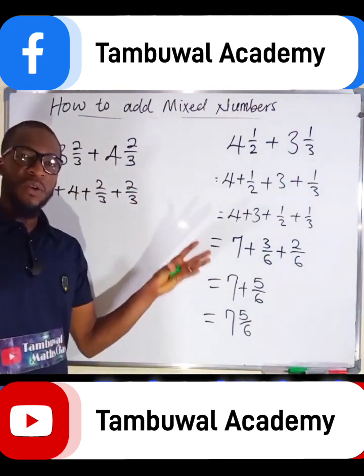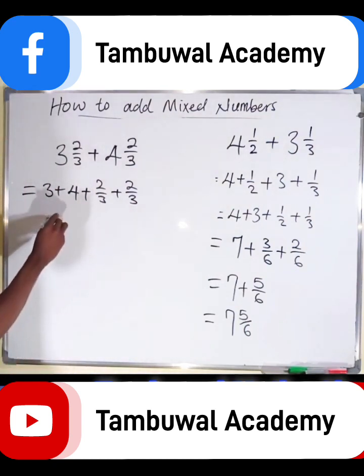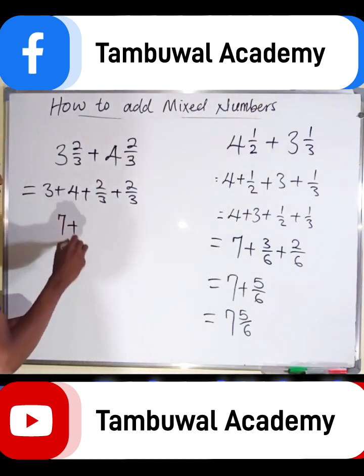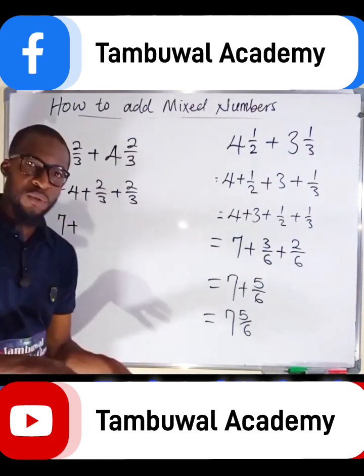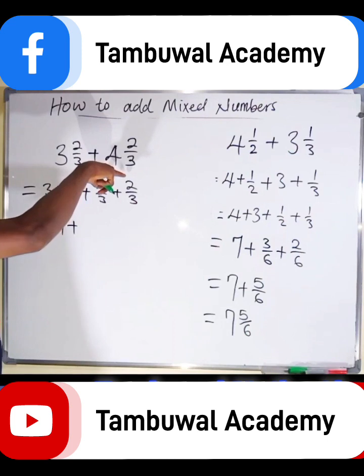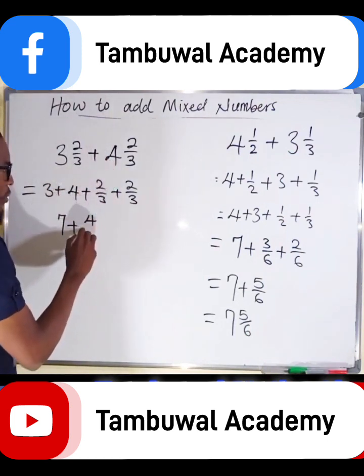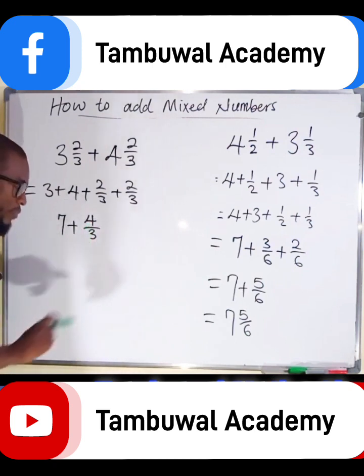Because I told you, you add the whole numbers together and fractions together. This plus this is 7, plus they have the same denominator, so we don't have to transform it into any form. All we have to do is to add the numerators together. 2 plus 2 is 4 over 3.